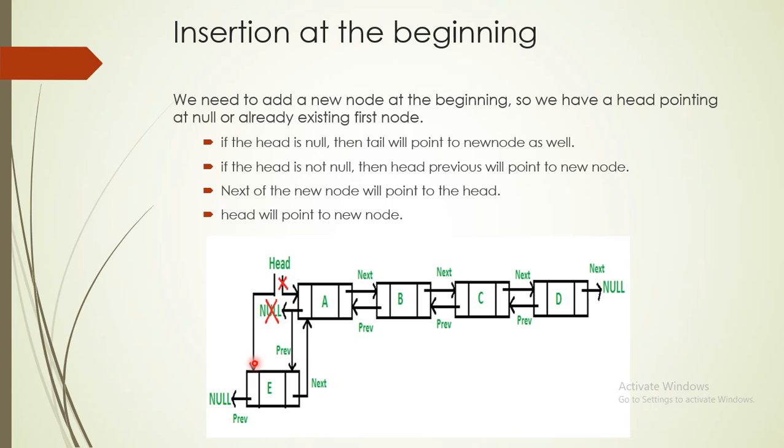So the concept here is head will start pointing to the new node, its next is pointing to A, and A's previous is pointing to E. Then we can say that the insertion at the beginning has been successful, and if we traverse, it will start from E, not A. So this was insertion at the beginning. I hope it is clear.